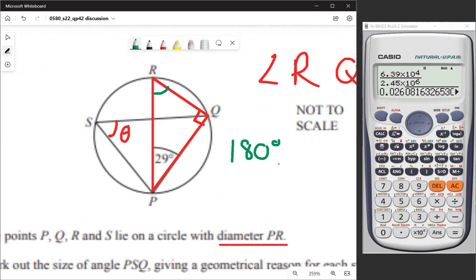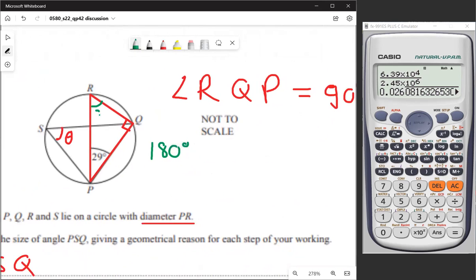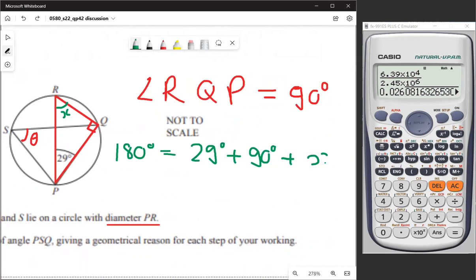Angles in a triangle are 180, right? Let's call this one X. So 180 must be 29 plus 90 plus X. So what is X? 180 minus 90 is 90.